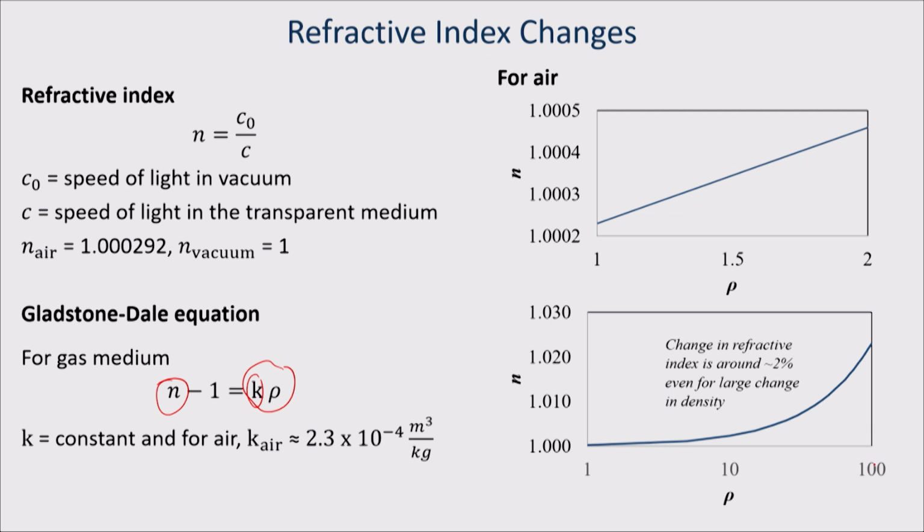Even a density change of 100 times, 2 orders of magnitude in density, will cause only a 2% change in the refractive index. Why we are discussing that is you have to capture these small changes, right? Whatever measurement system you want to build should be so sensitive that it can capture these small changes in the refractive index.